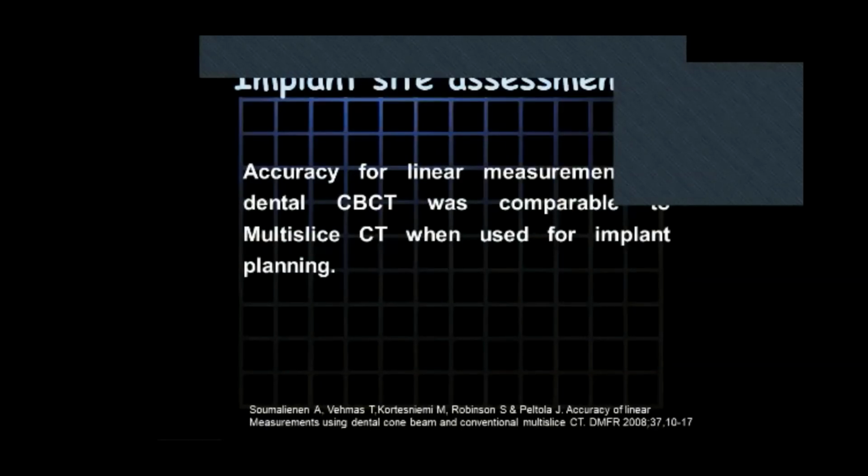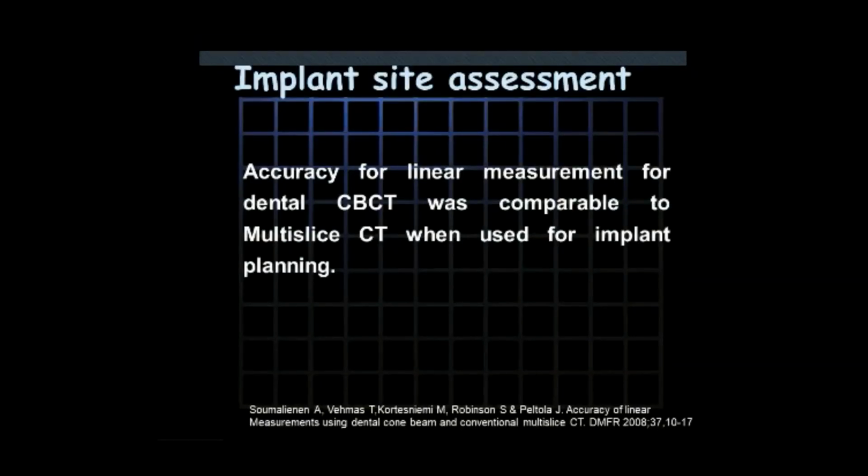So implant site assessment: the accuracy of the linear measurements for implant assessment, we can see them very clearly in CBCT, and it is comparable to the multi-slice CT when we are using it for implant planning.